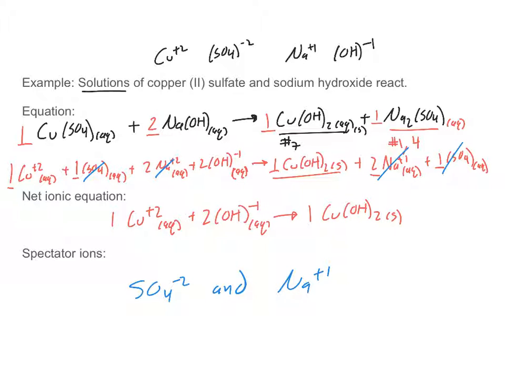I then identified what the two reactants were that created my solid product, which in this case was the copper hydroxide. I then identified what my spectator ions were, and I isolated the net ionic equation. Do we have any questions about this?